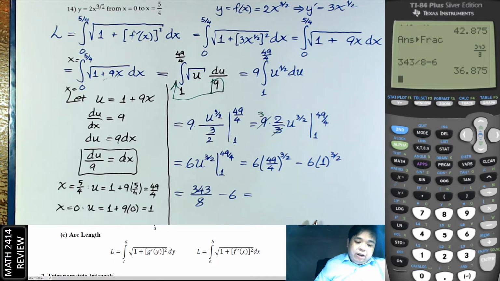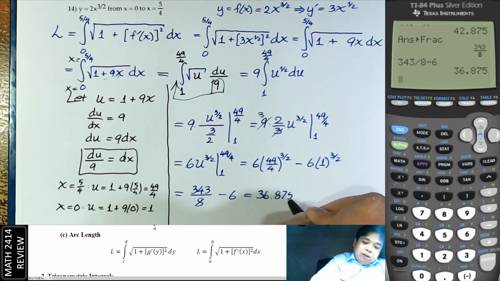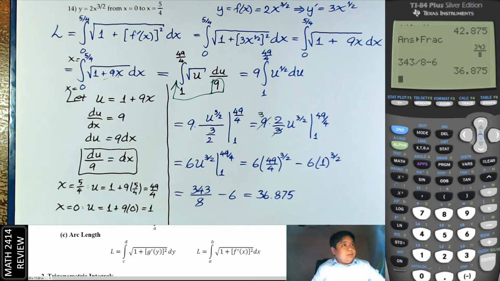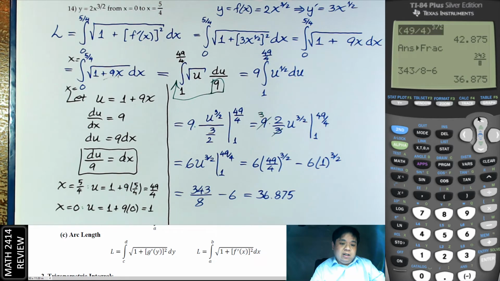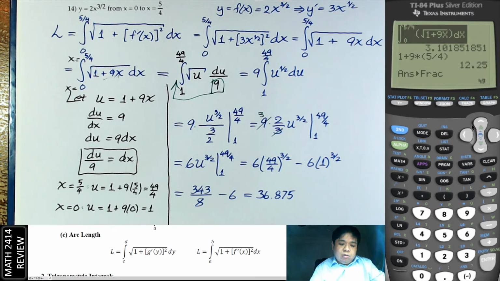So that's what we have. 36.875. Right, what did we say we had earlier? Right, so obviously there's something off here.